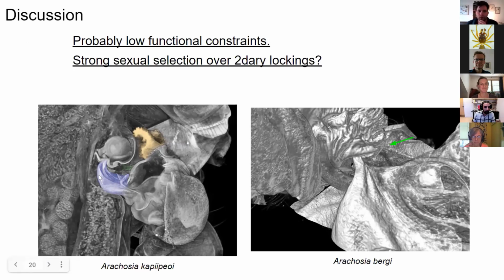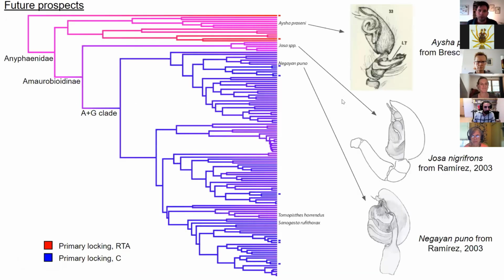It's used for primary locking and for conducting the embolus, so it must have high functional constraints. And then could this mean that there's a strong sexual selection operating over secondary locking mechanisms, given that they are so variable among species? It could.